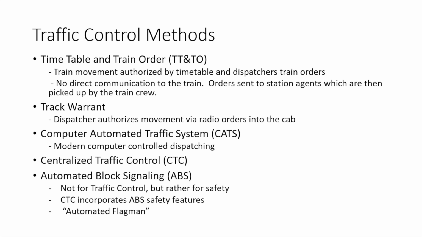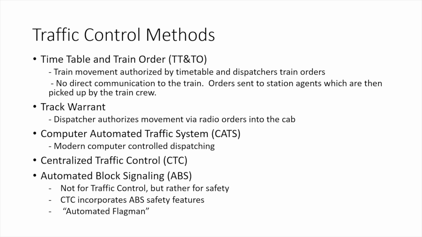The next mechanism is track warrant. Track warrant takes advantage of the new technology of when radios became common on the trains. And with radio communication, now the dispatcher no longer has to go through a station agent to issue a train order, but can issue authorized train movement directly to the crew via warrant over a radio.